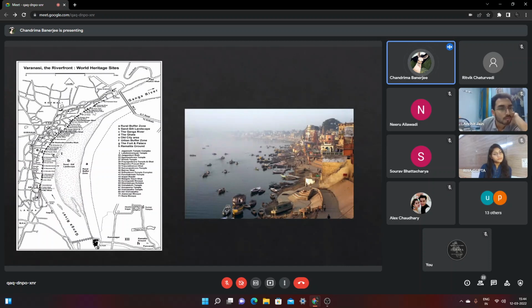The five most important ghats, called the Panchatirthi, are the Asi Ghat, the Dashashwamedha Ghat, the Manikarnika Ghat, the Panchaganga Ghat, and the Adi Keshava Ghat. The Panchaganga Ghat, right here, is called so because there is a confluence of five important rivers: the Ganga, Yamuna, Saraswati, Dhupa, and Kiran.